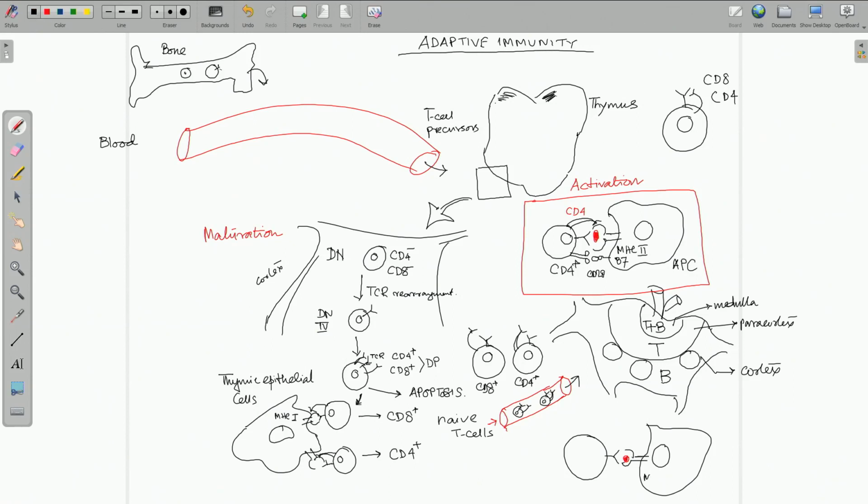So, this is MHC class 1, and this is the CD8 co-receptor, the T cell receptor, the TCR, and of course, there is the CD28 to B7 interaction.